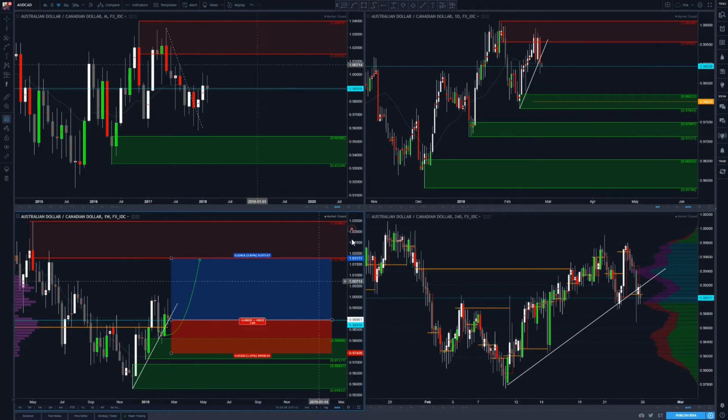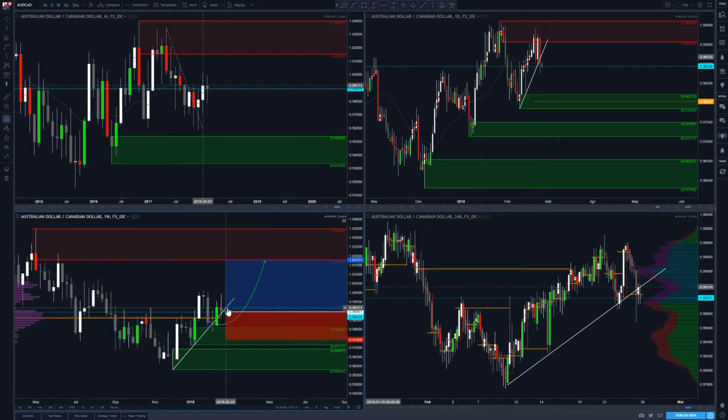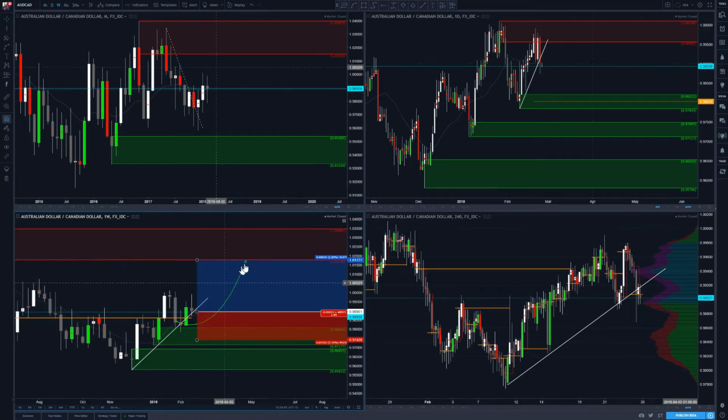But the 4 hours is a little bit strange, and we saw some weakness after the inflation news on Friday. But for me, the weekly chart is stronger than the daily and 4 hours, obviously. So if I see the uptrend on the weekly chart, I still believe the market can go higher.